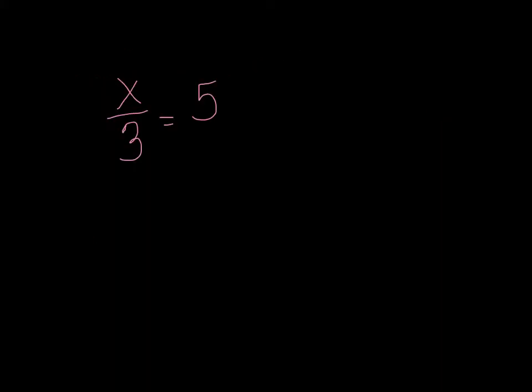All right, so how does that help me with the equations we've been working on? Let's watch how that helps us. If I have x divided by 3 equals 5, I'm going to use proportions to figure out what goes there. First of all, I'm going to change this number into a fraction, because I need to compare fractions to fractions using proportions.